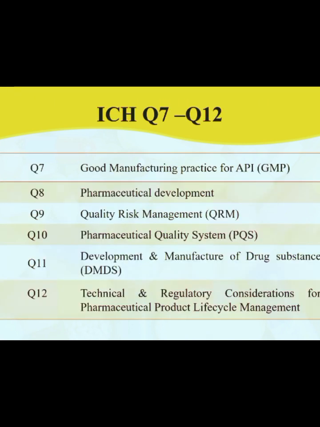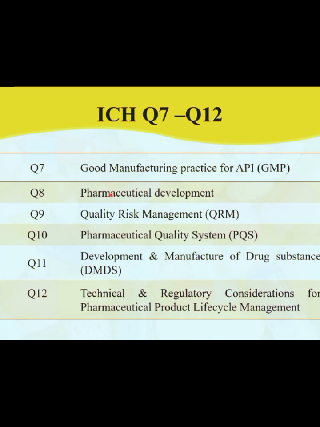And finally, from Q7, Q12 and 13 and 14 on the next slide. So first of all, what is Q7? It deals with good manufacturing practice for API. So GMP guidelines of ICH guidelines related to GMP are given in Q7.